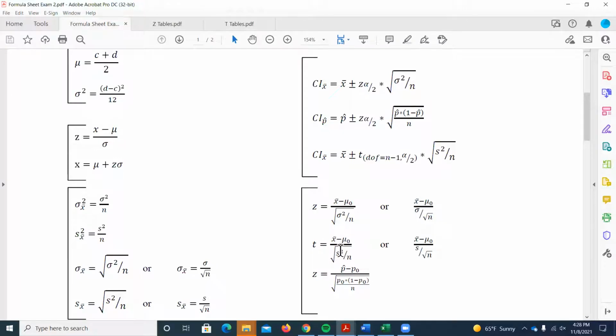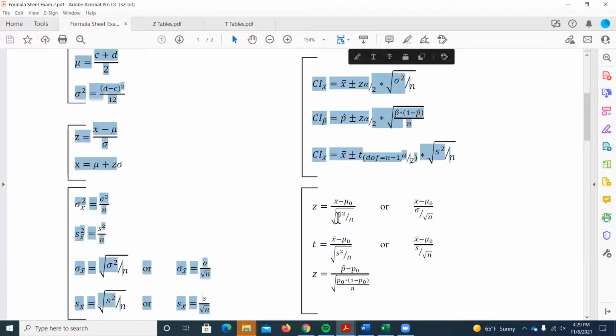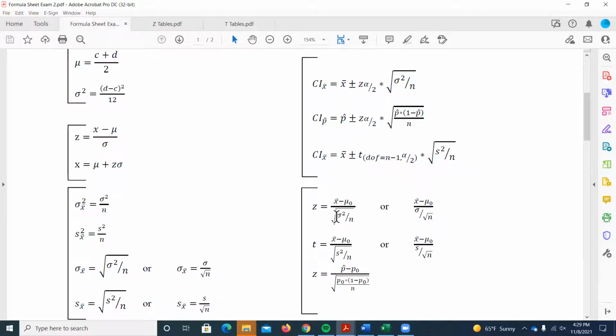Now, in practice, it doesn't really matter if I identify the incorrect sample mean because once I plug my values in, it looks no different. The sample proportion is a little bit different there. But we know for us, we should be using one that has a known population standard deviation or variance. And it kind of reminds us, okay, then that test statistic is going to be representing a z value coming from the standard normal distribution.